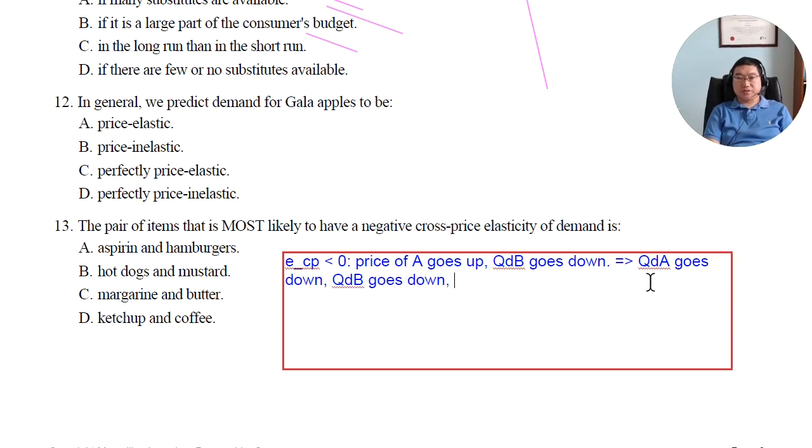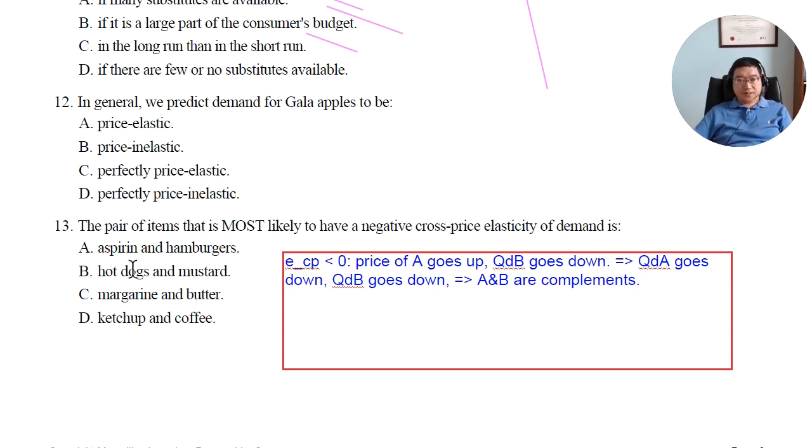So if the two are related, then they are complements. We get a conclusion: A and B are complements. For complements, we know that they are consumed together.